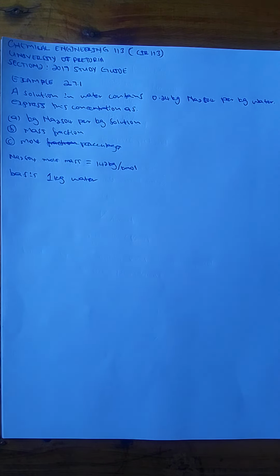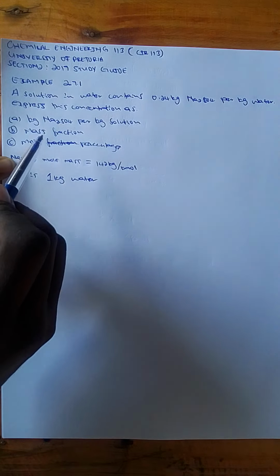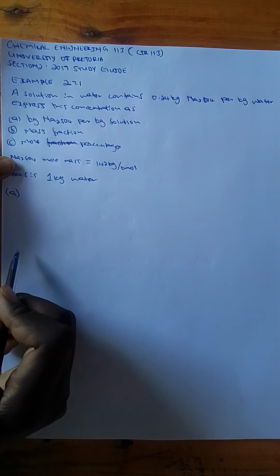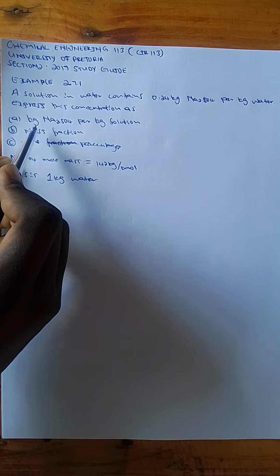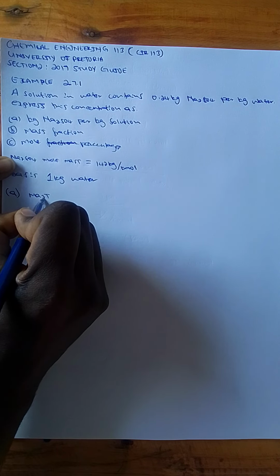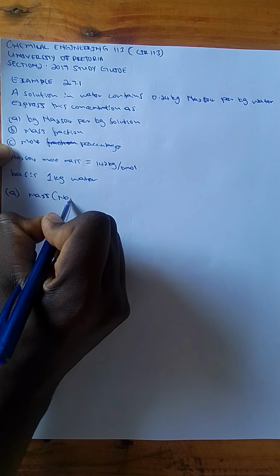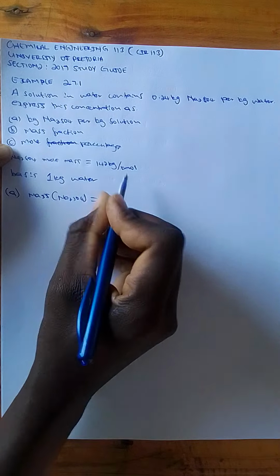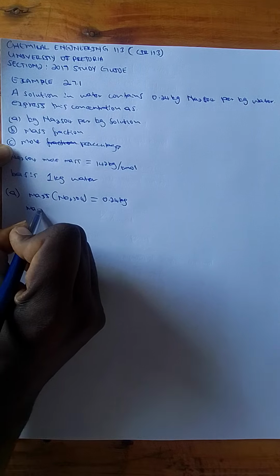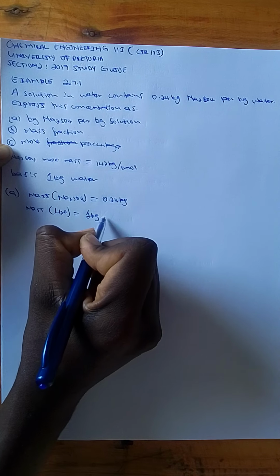So, answering the question, starting with A, we get to find the kilograms Na2SO4 per kilogram solution. The first thing we need to find is the masses of both Na2SO4 and water in the solution. And we know that based on the basis of 1 kilogram water, the mass of Na2SO4 equals 0.24 kilograms, and the mass of H2O equals 1 kilogram.